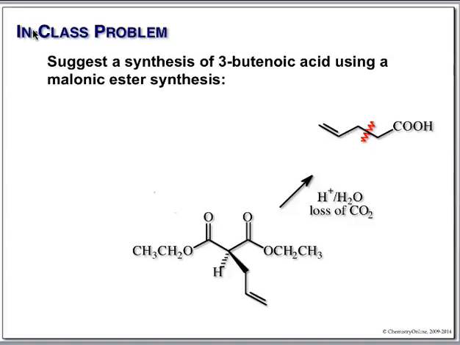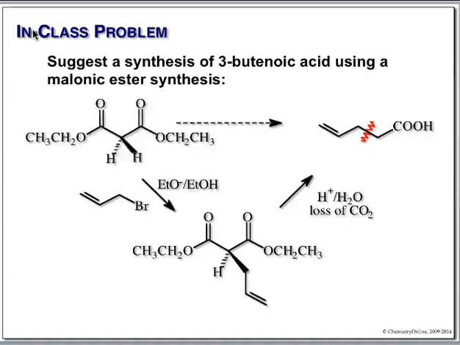So what was our alkyl halide? The alkyl halide had 1, 2, 3 carbons, and here was the halogen. One, 2, 3 carbons, halogen attached here. And we're simply going to react this with diethyl malonate to complete the synthesis.